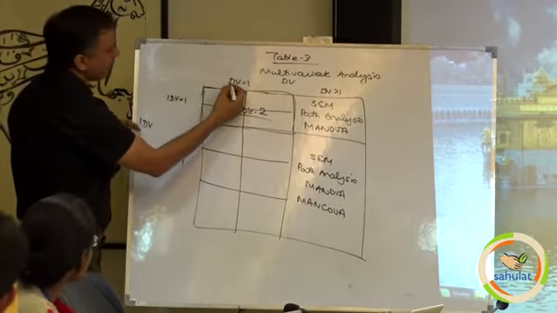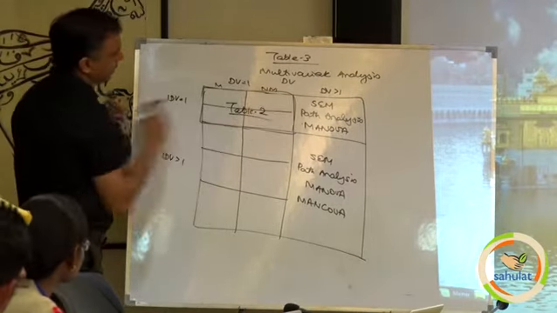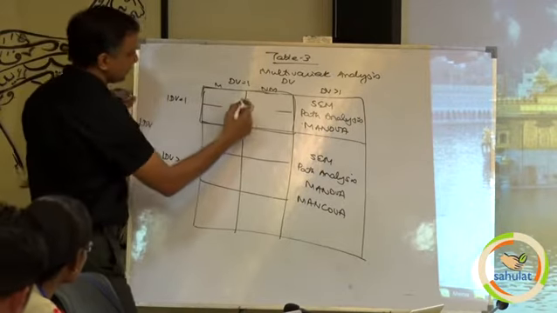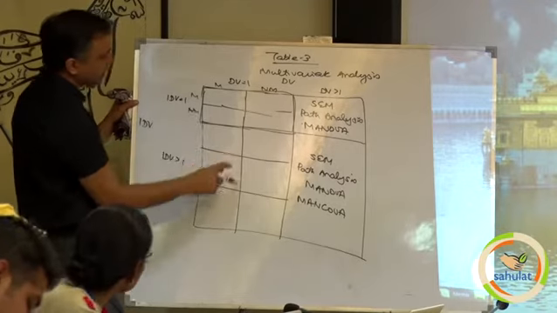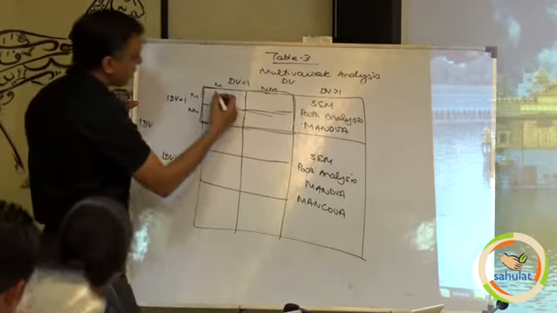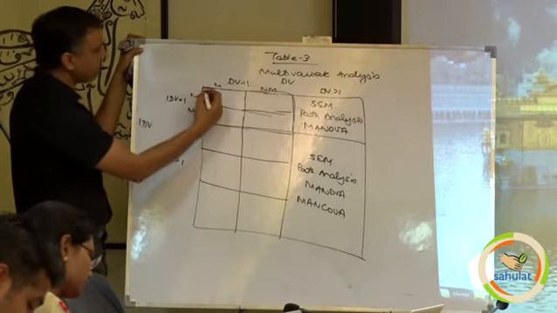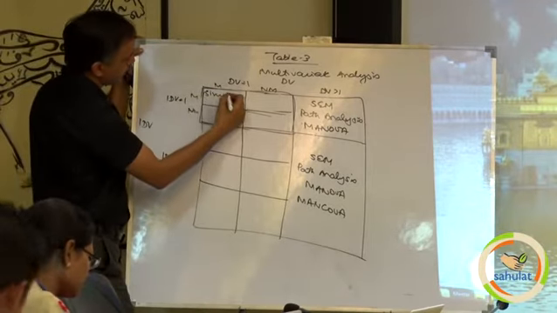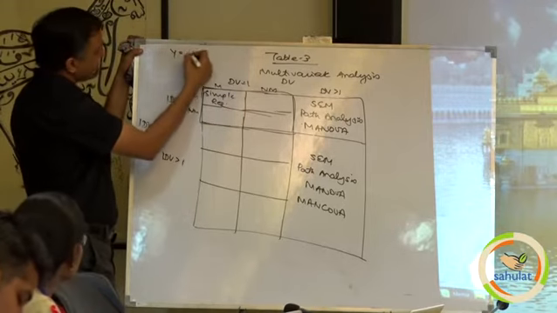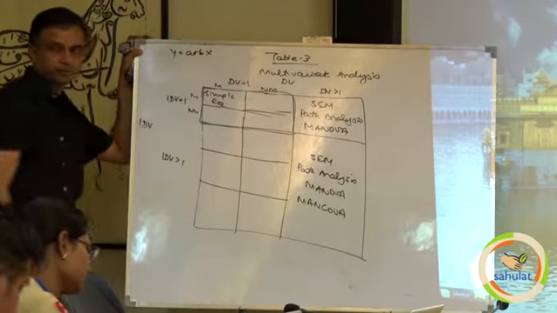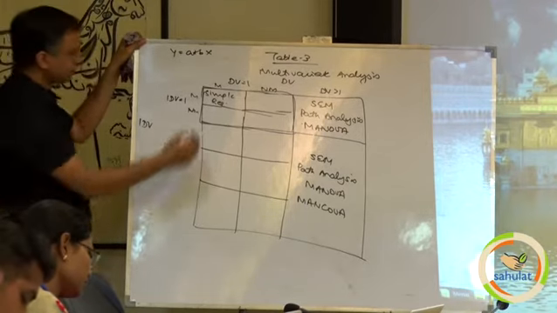Dependent variable is 1, independent more than 1, and if you remember it was metric and non-metric. So let's try to understand this table in the perspective of that table. Here when dependent variable was 1, independent 1, both were metric, this was called simple regression. Simple regression is y = a + bx.